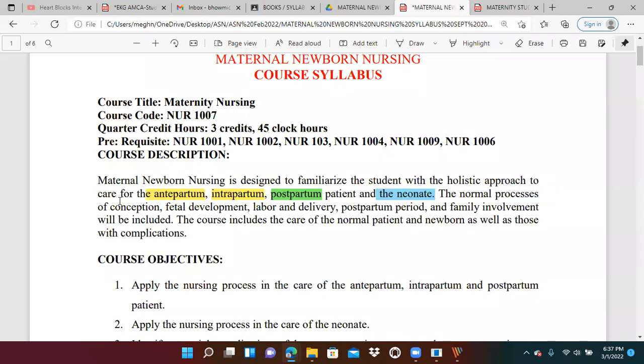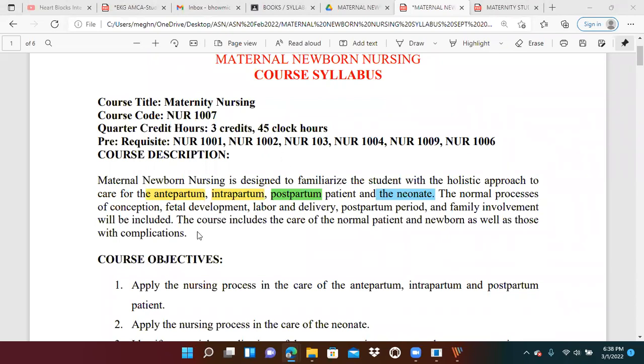Normal process of conception, fetal movement, labor, delivery, postpartum period, and family involvement will be included in gynecology or obstetrics, right?